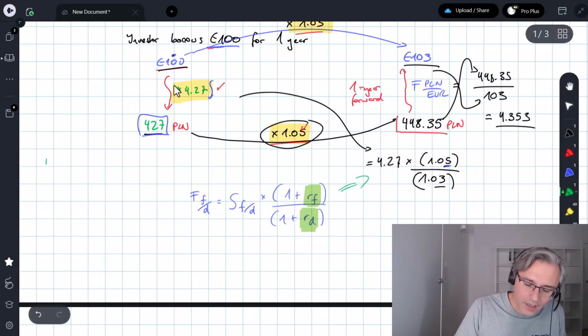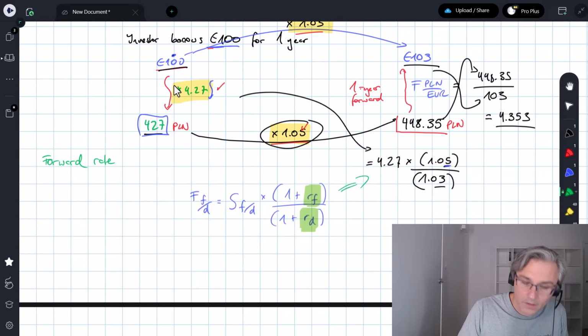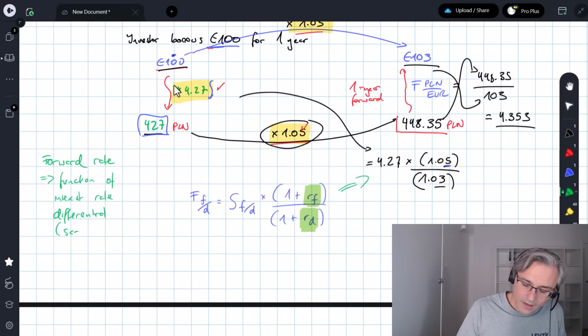I'm going to write this down because it's an important result. The forward rate, the exchange rate, is a function of the interest rate difference. So the interest rate differential, as it is formally known, but scaled for time.